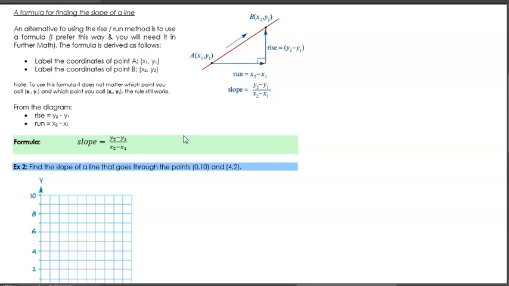And all this is showing you is, in order to get the rise and the run, let's again take these points A and B. We know that point A is going to have an x1 and a y1 associated with it. This is just a coordinate, okay? And all that 1 means is we're talking about our first point.